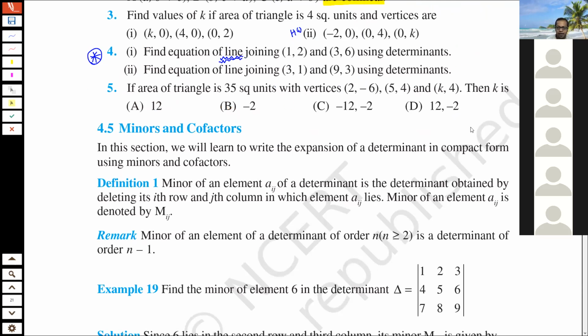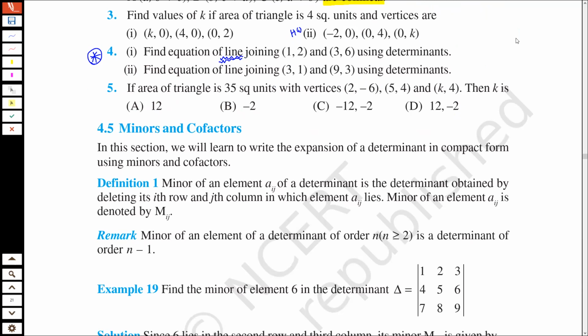If the area of a triangle is 35 square units with vertices 2 and minus 6, 5 and 4, k and 4, then k is... Okay, so it's MCQ type. So, can I say this question looks similar to which one? Third one? Area was also given.